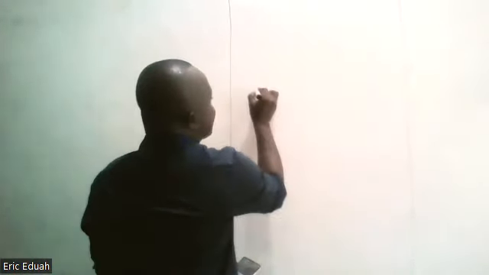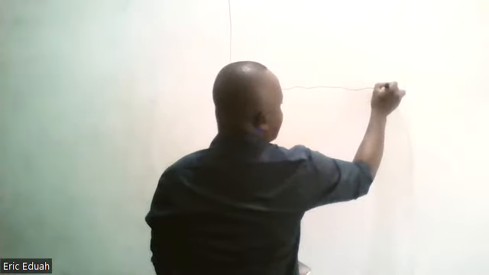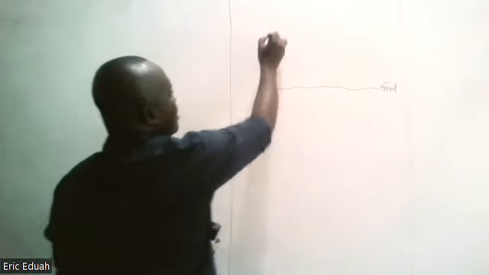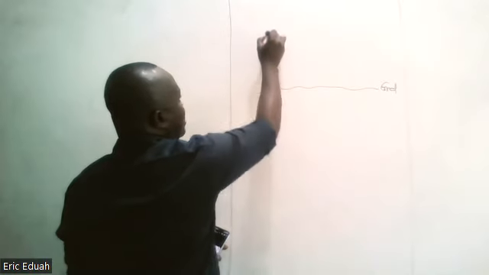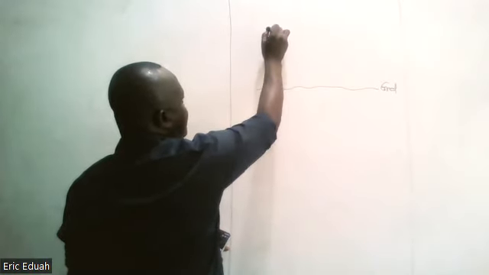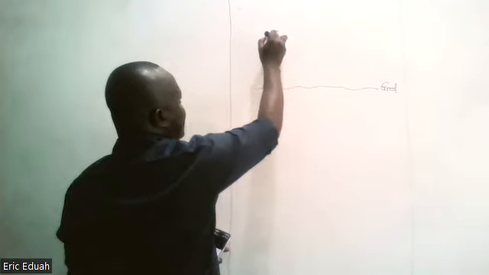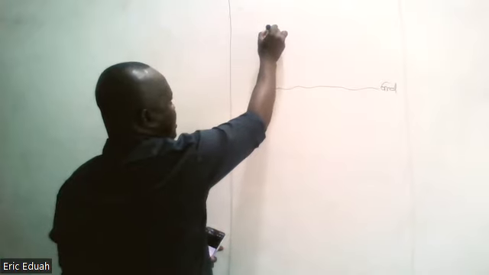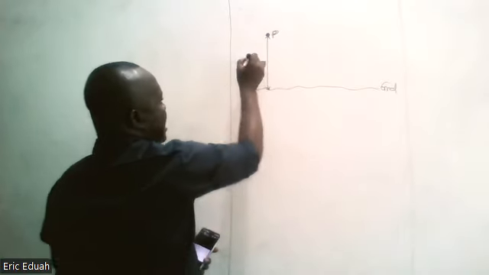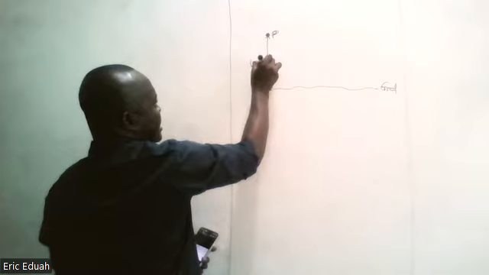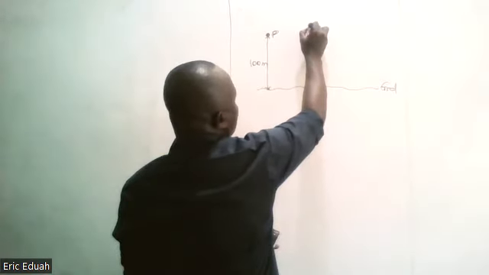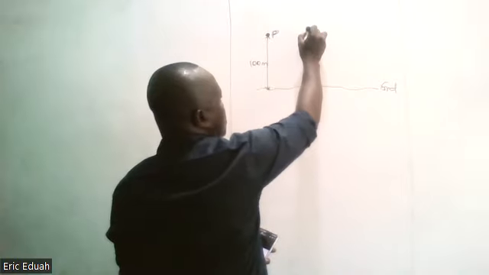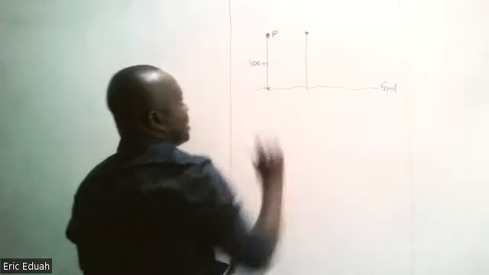We want to bring clarity to the question by first drawing. Let's assume this is the ground. From the ground to where P is projected, the distance is 100 meters. From Q to the ground is also the same.